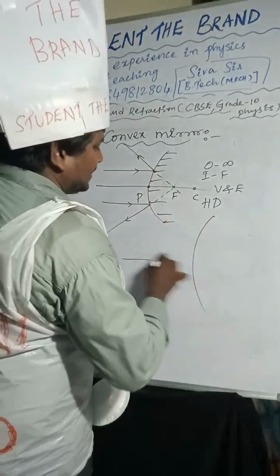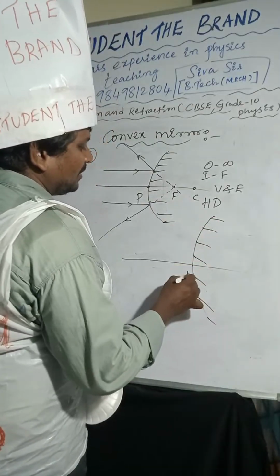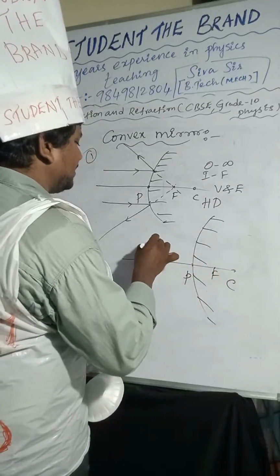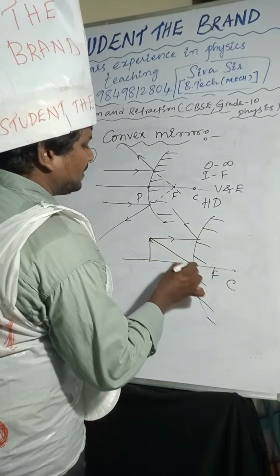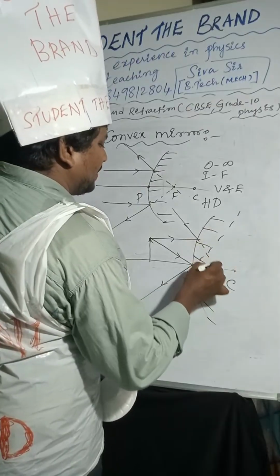Second case. Pole, focus, center of curvature. Object is placed anywhere between infinity and pole. One light I am taking like this, another light like this. It will be reflected. If you extend this one, it passes through the focus.